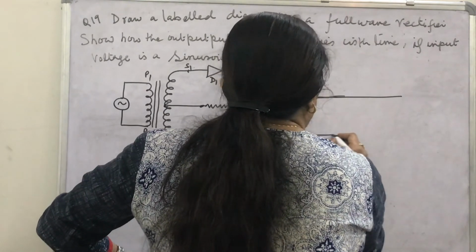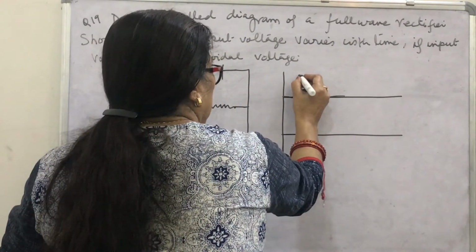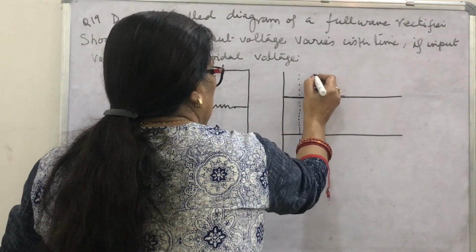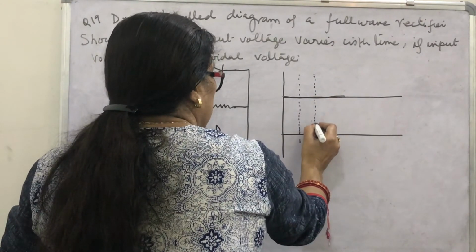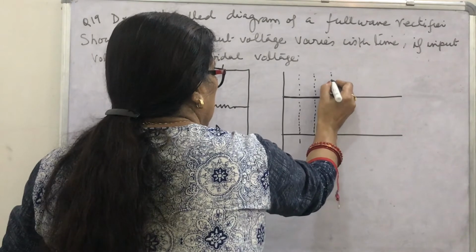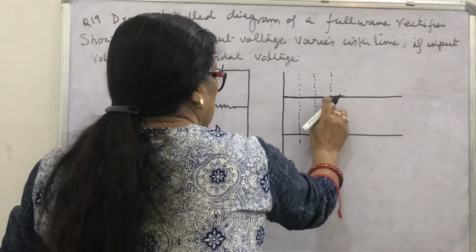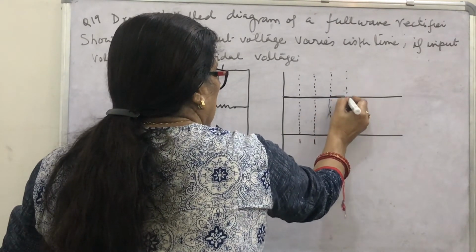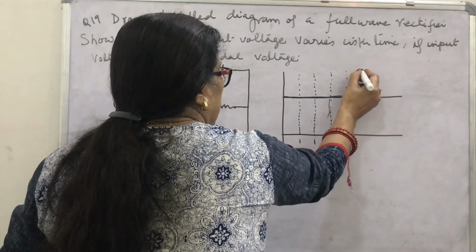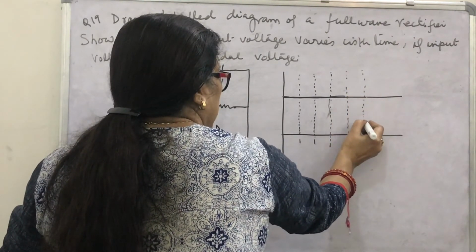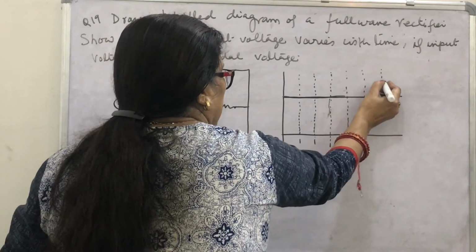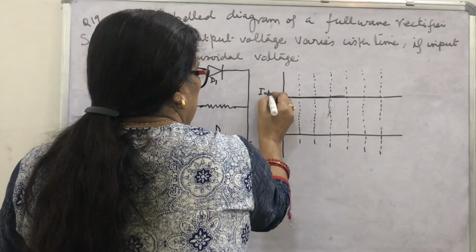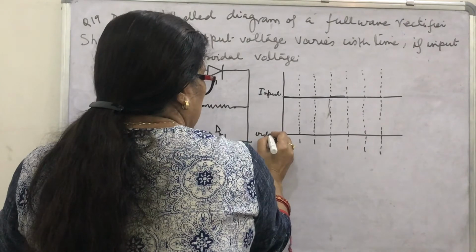You draw two lines here, equally spaced, to show the input and output voltages. When the input is applied across the primary coil of the transformer, P1 P2 is the primary coil, here this is input and here this is output.